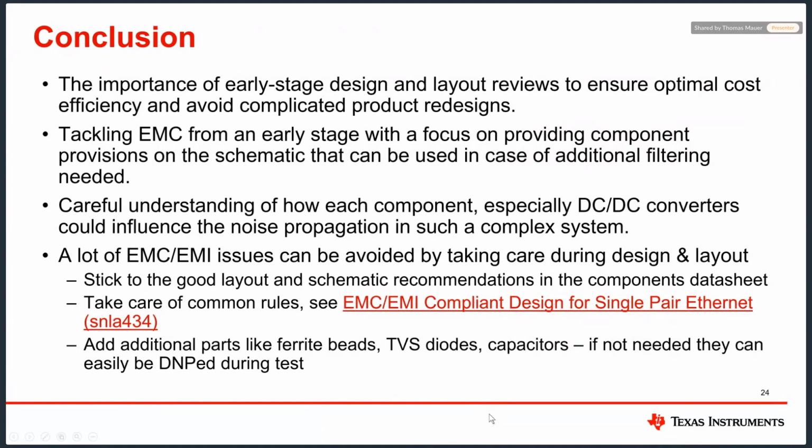So the conclusion, let me summarize this. It's very important that at an early stage of the design, you do layout reviews to ensure optimal cost efficiency and that you avoid later redesigns. Many times you will have a redesign, but at least you want to make sure that you don't need to do 2 or 3 or 4 redesigns in order to pass this.